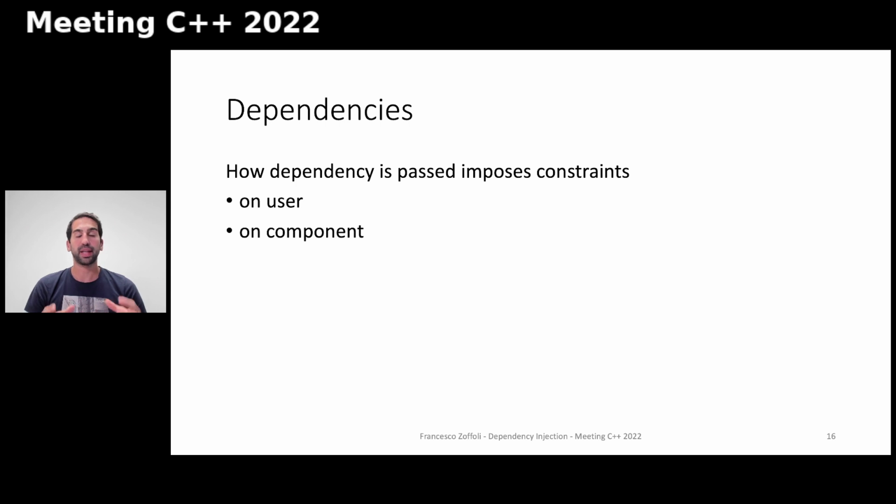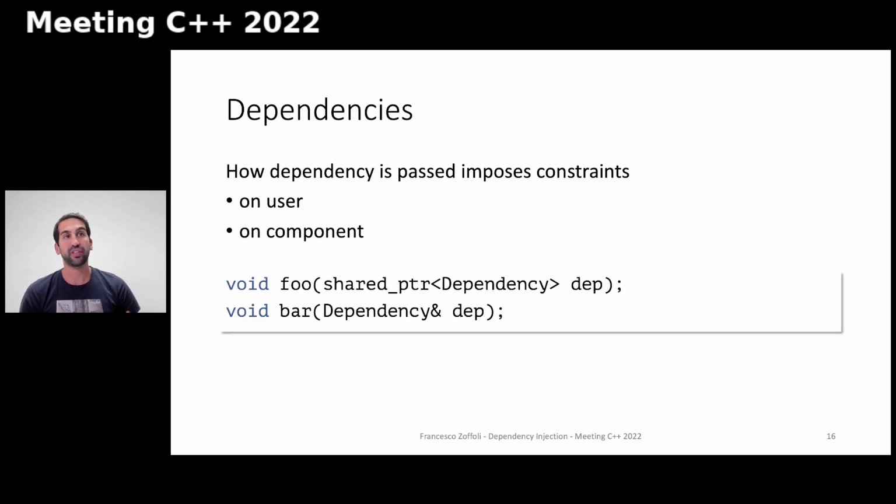So how dependencies are passed around imposes constraints on the user of the interface and on the component which implements the interface. Let's see an example. Here we have a function which takes a shared pointer of a dependency. And what the shared pointer means is that the implementer of the function now knows that it can store, for example, this shared pointer for later use, because the lifetime of the dependency is going to be preserved.